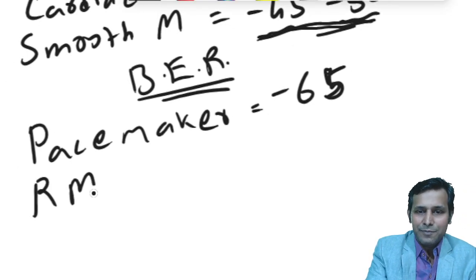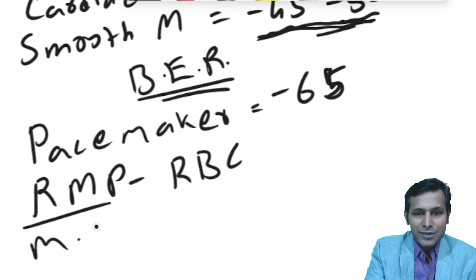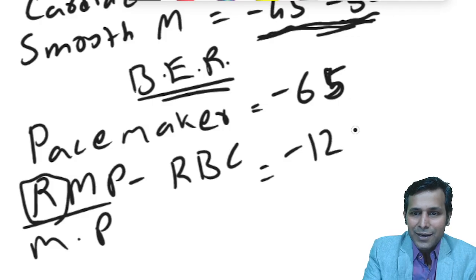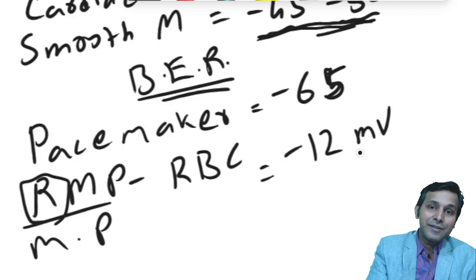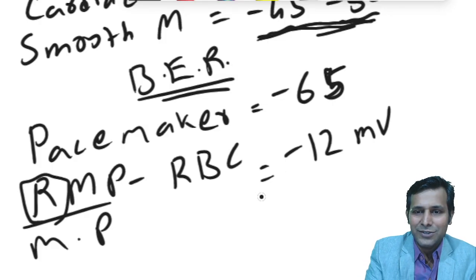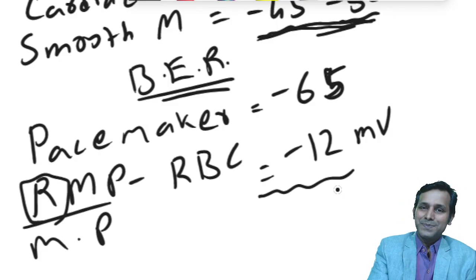We call it membrane potential and not actual RMP. It is minus 12 millivolts.